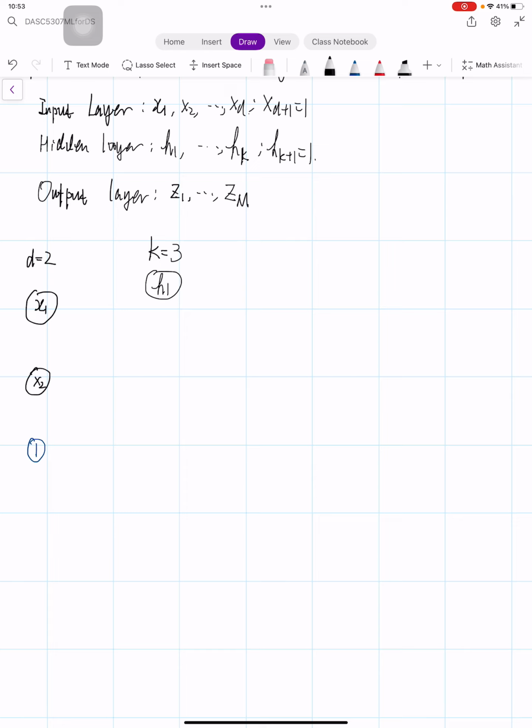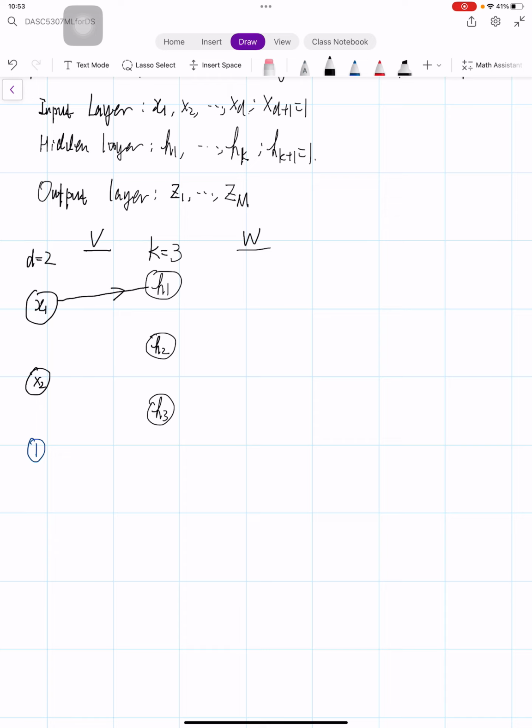H1, H2, H3. And do you still remember the notation for weights? Suppose we call this weight matrix V. So this is the V matrix, and we denote W to be the weights from the hidden layer to the output.